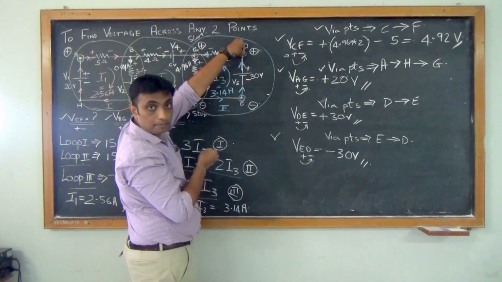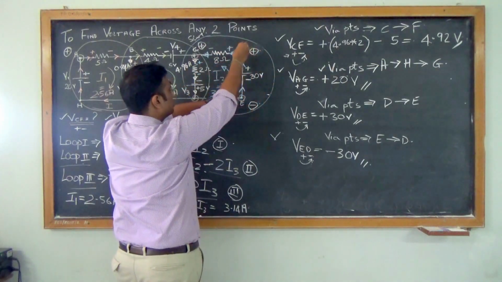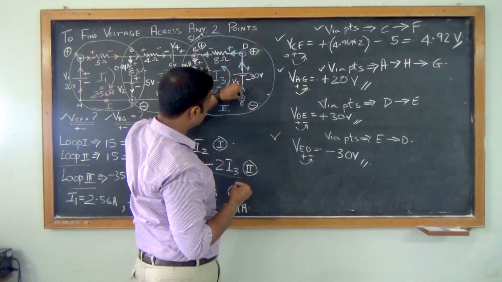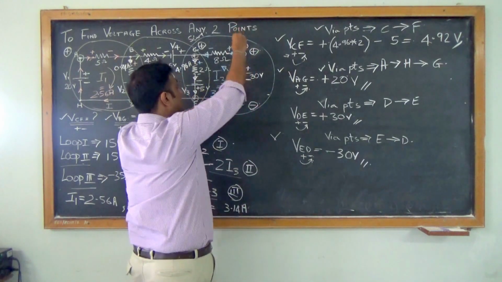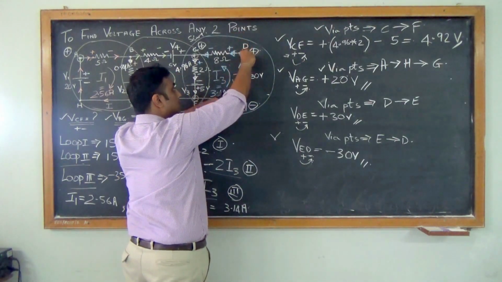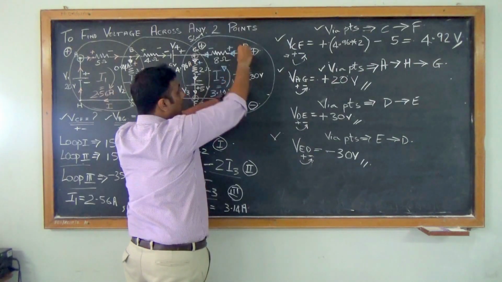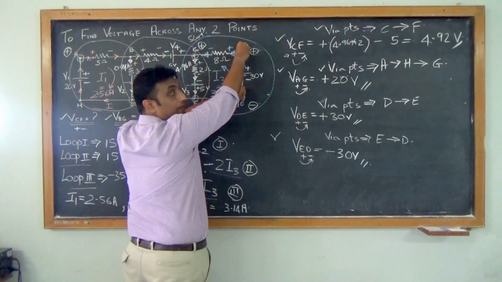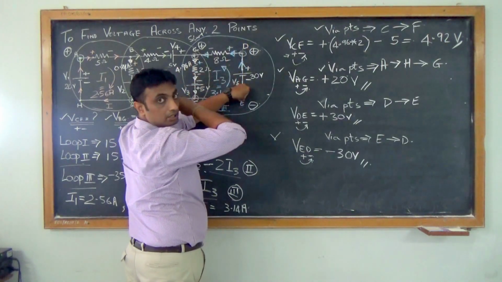But if I reverse the terminals of my multimeter, so that the positive is connected to E and the negative is connected to D, since this is positively charged and this is negatively charged, I will get a value of minus 30 volts.